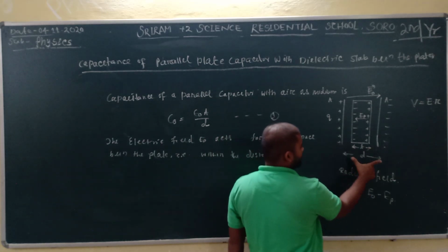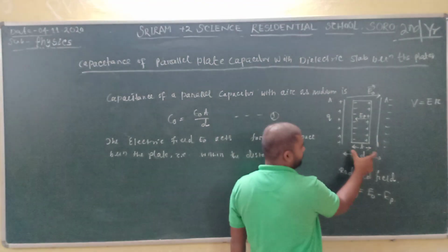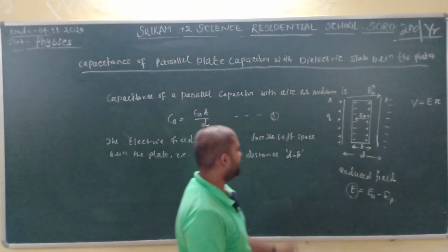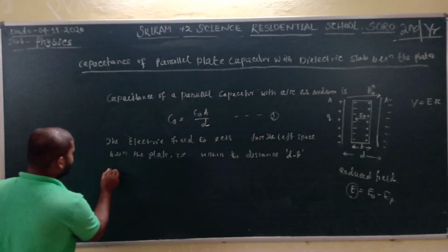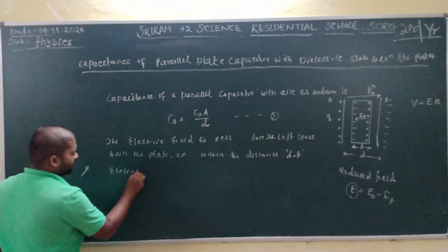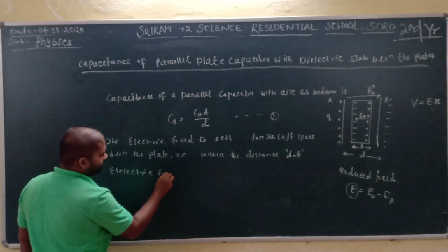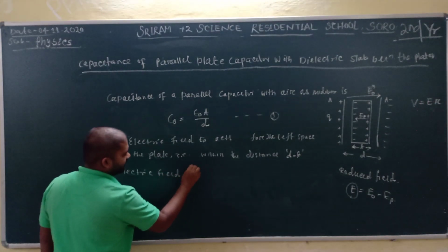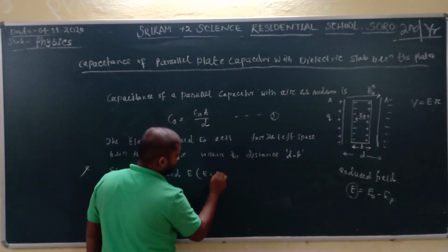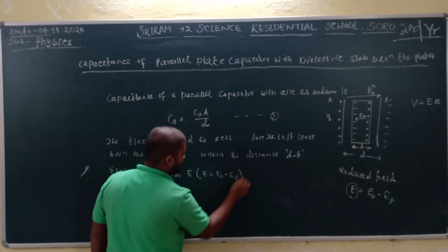Okay, the total distance is d, the dielectric slab thickness is t, so the left space between the plates is d minus t. Okay, and the electric field E, that is the reduced field, we can write E equals E naught minus EP.